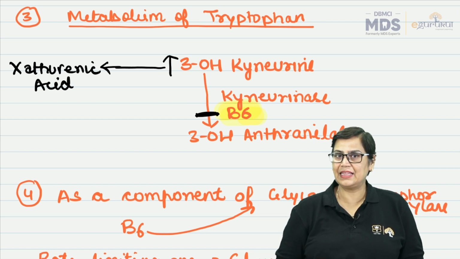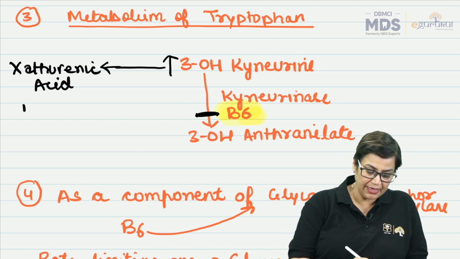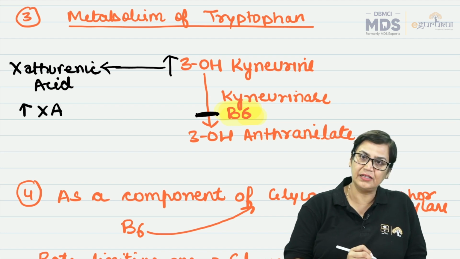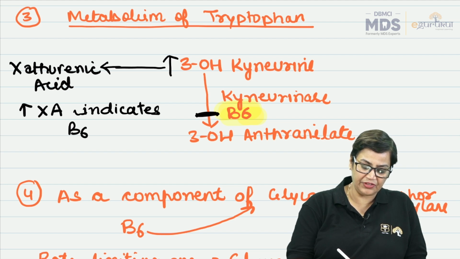So we can say that increased concentration of xanthurenic acid indicates B6 deficiency.